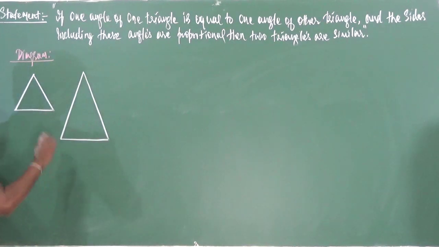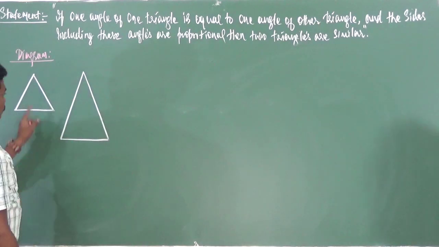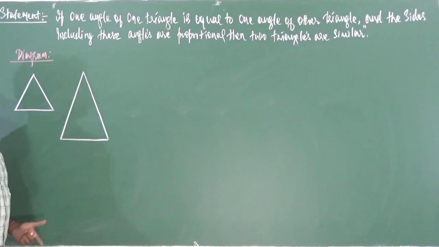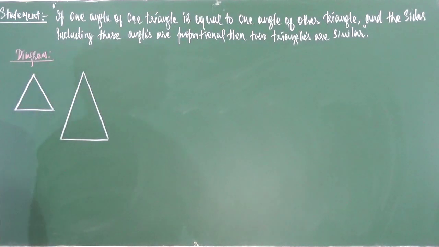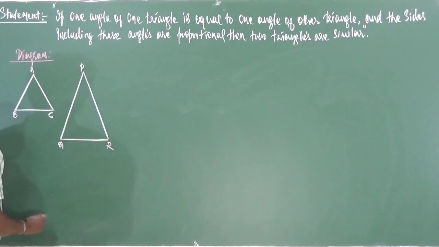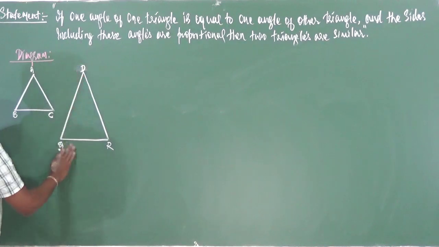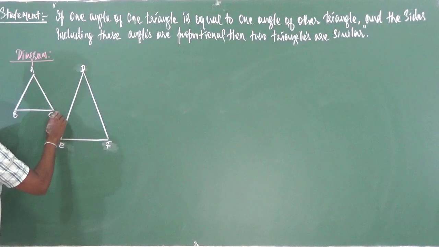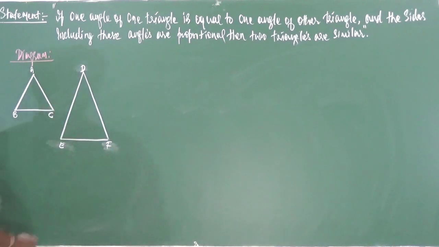As you have to prove that both the triangles are similar, they should have the same shape but not the same size. Let us take it as triangle ABC, and let us take the other as triangle DEF. So now, these are the two triangles.